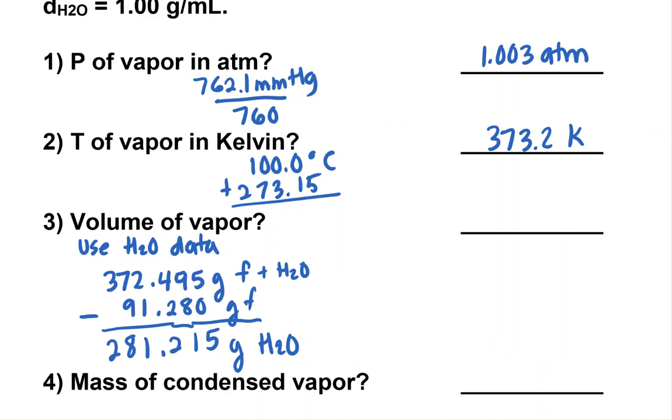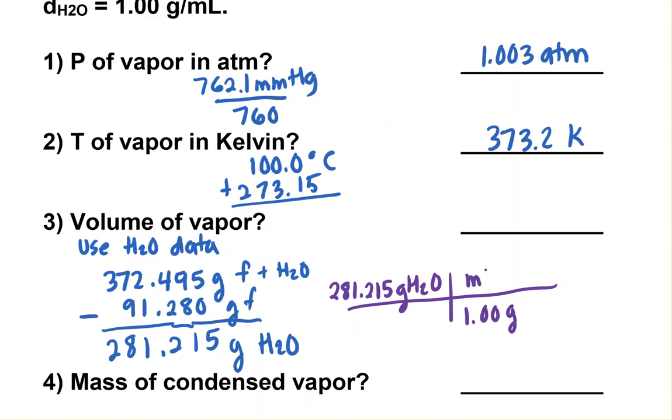Okay, we need another step here though, because that's the grams of water, and we need to know the volume of water that fit in there. So what we're going to do is use the density of water. The density of water, we said, to 3 sig figs is 1 gram per milliliter.